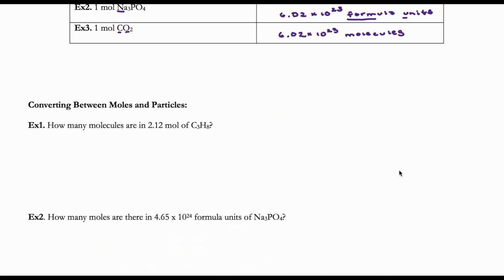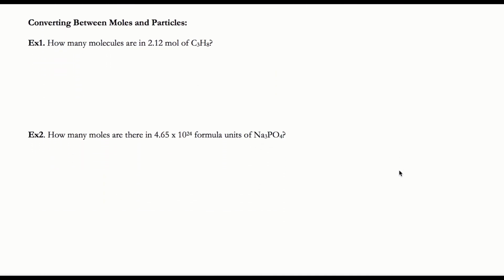So if I have 2.12 moles of C3H8, how many molecules do I have? Well, 2.12 is my given. I'm in moles. Just like what I did before with words that represent numbers that I'm familiar with, I can do this. I can put moles on bottom to get rid of them, and I can put molecules up top.